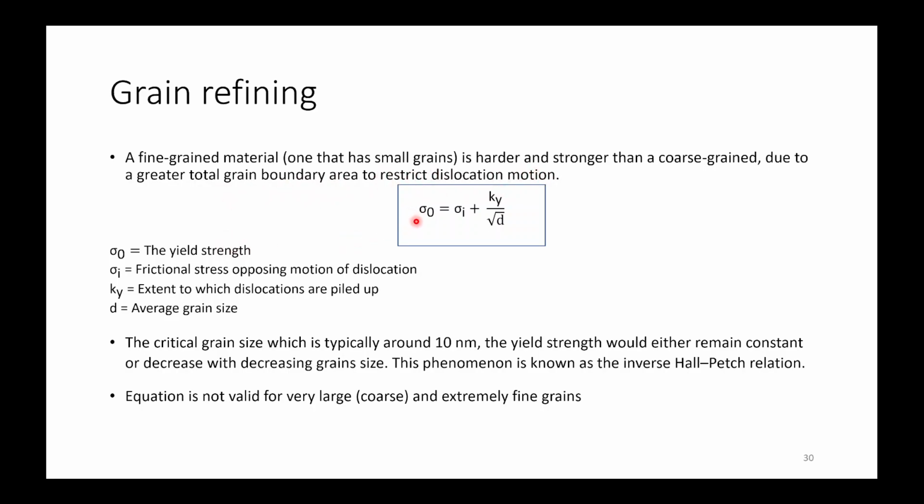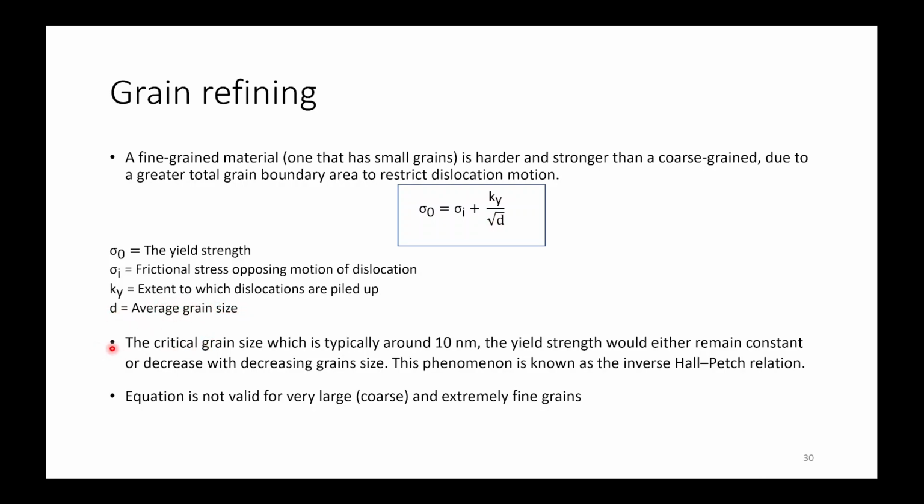In this case we follow the Hall-Petch equation. In a certain range of grain size, this type of trend is seen. Your yield strength equals friction stress plus Ky, which is the extent to which dislocations are piled up, divided by root D, where D is your average grain size.